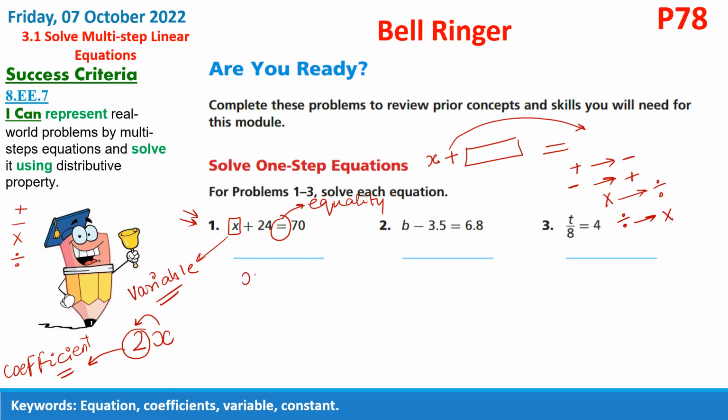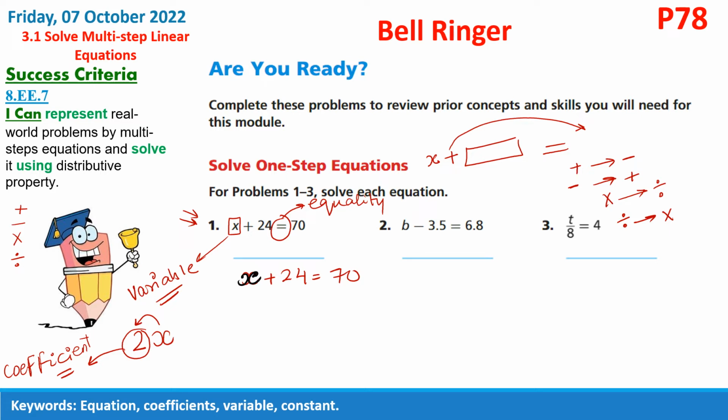So the first question is x plus 24 equals 70. Now what is happening is that there is a variable with some number added to it. We want to find the unknown variable, that means we have to solve for x.